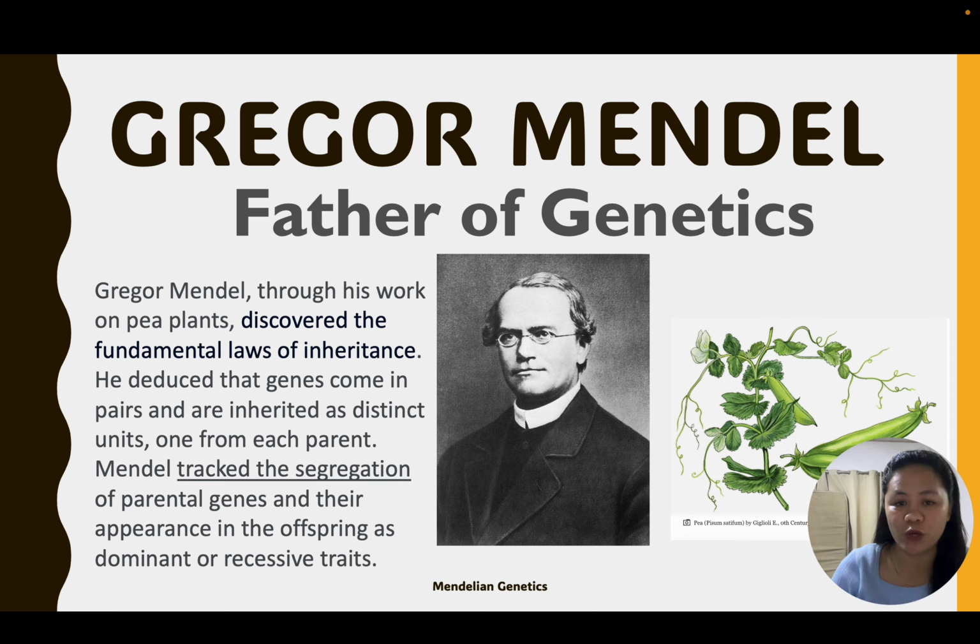Again, he chose the garden pea plant, as you can see on the right side of the picture. The scientific name for this pea plant is Pisum sativum, and Mendel crossed it with other pea plants that had different contrasting characteristics.